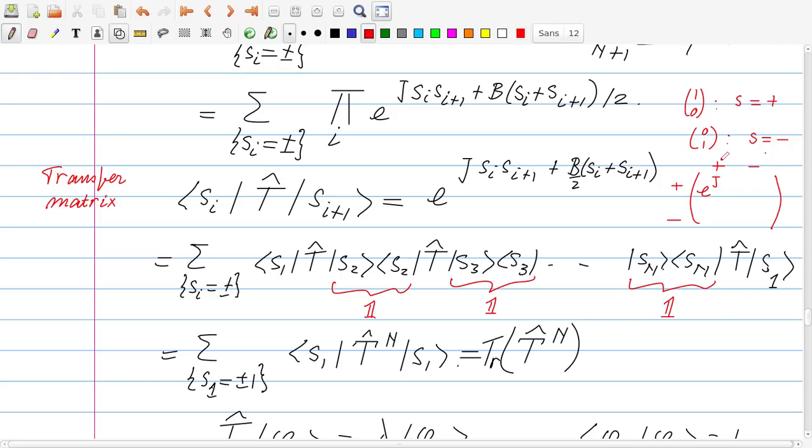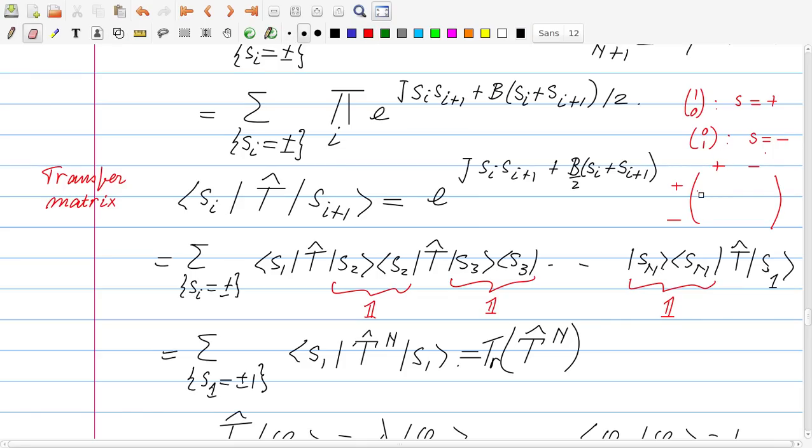And if I write those as vectors, then I can write this as a matrix element of the operator T taken between those two vectors S_i and S_{i+1}. They assume the values plus or minus, where plus is identified with this vector and minus with that vector.